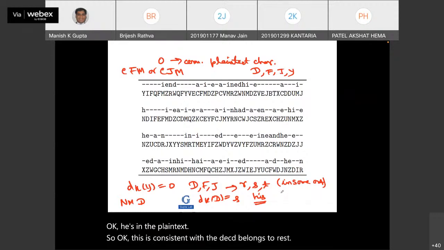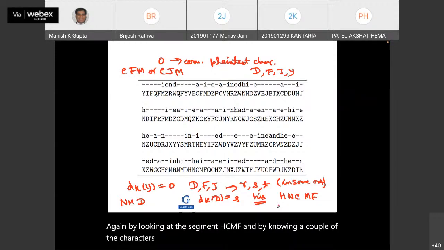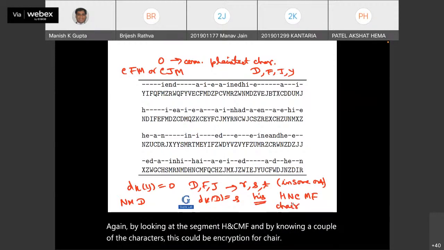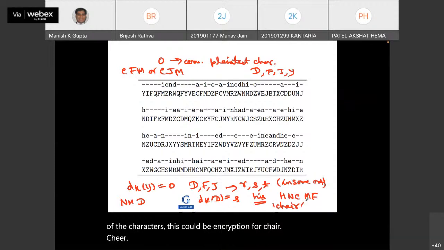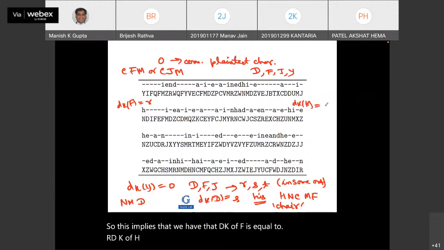Now, again, by looking at the segment H and CMF, and by knowing a couple of the characters, this could be encryption for CHAIR. So this implies that dk of F is equal to R and dk of H is equal to C. Just guessing, this looks like CHAIR, right?